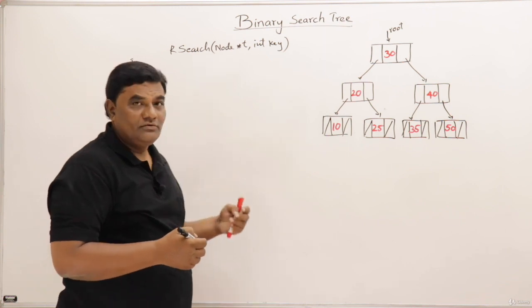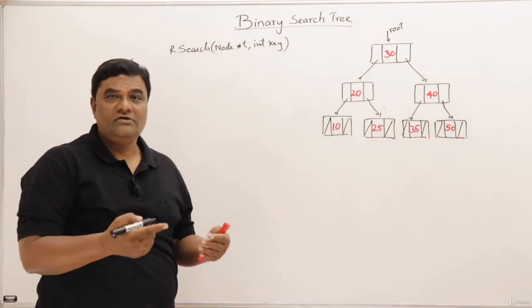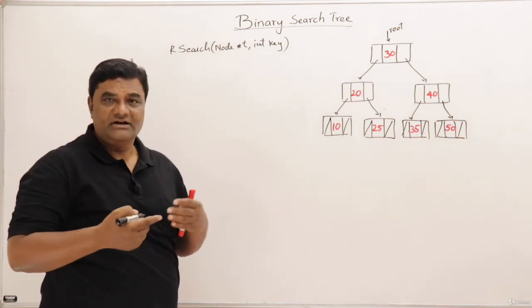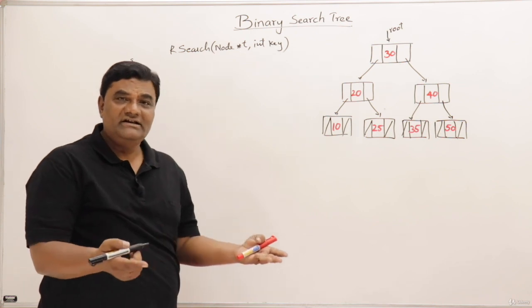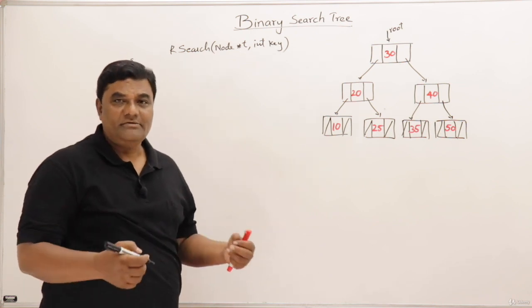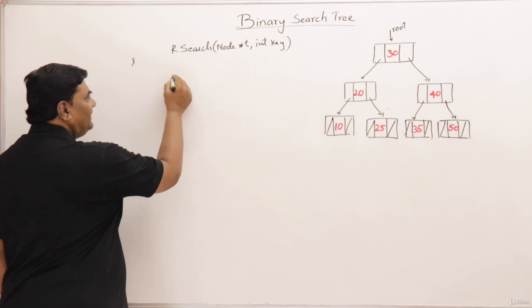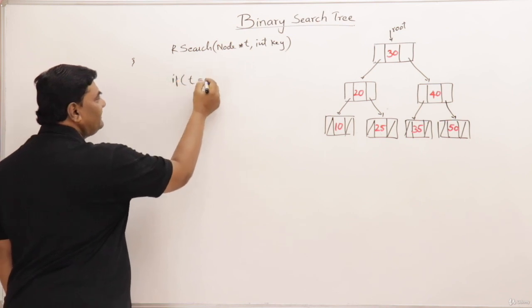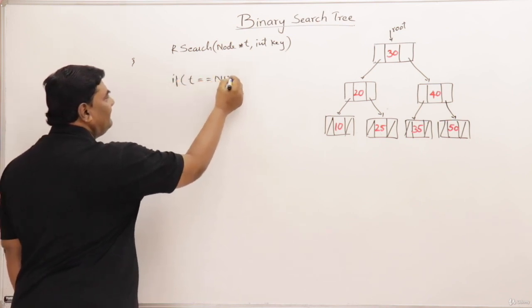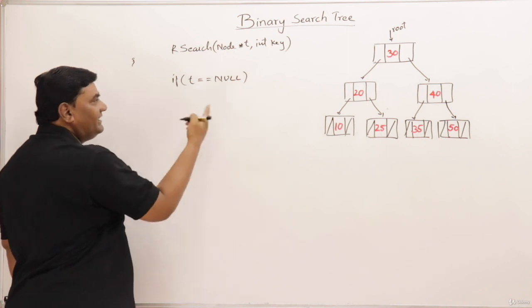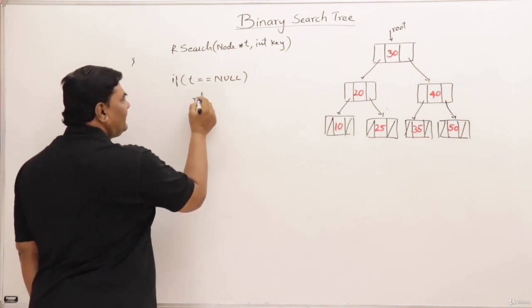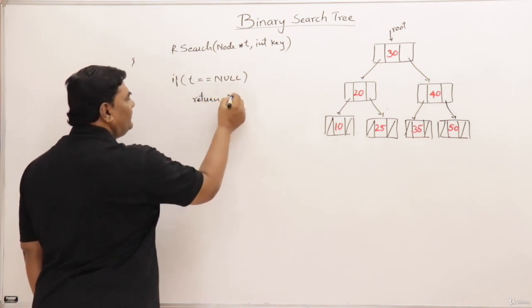Every time what we have to do is check whether t is null or not null. If it is not null, then we compare. If it is null, means element is not found, and we will stop. So first I will write down if t is null. I will write down failure condition first. If t is null, then return null, means element is not found.